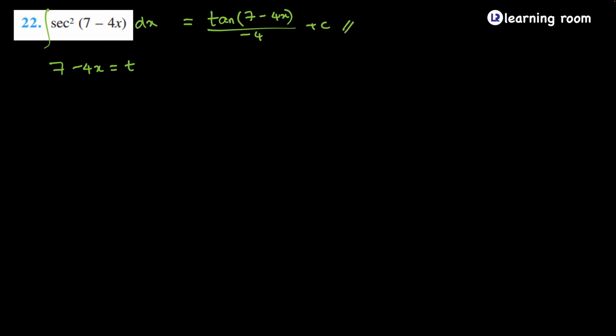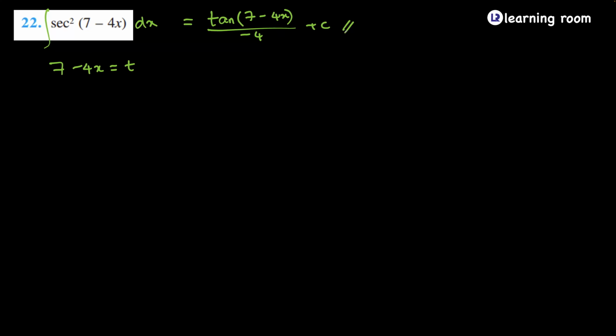This should be the answer, because integral of secant square is tan. Tan of 7 minus 4x, the whole divided by minus 4.